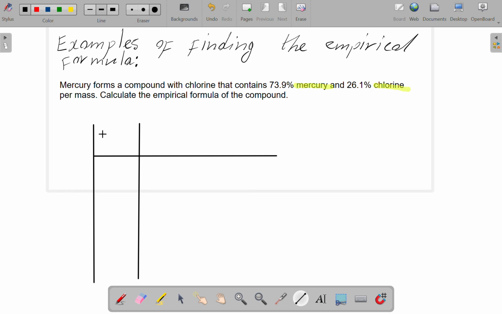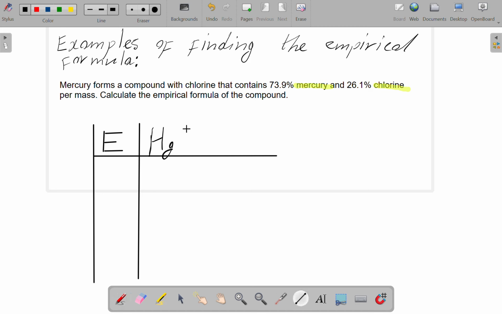So on this first column here, I will write E. This E is for elements, and then on this second column I will have my mercury element, which is Hg. That is the symbol for mercury.